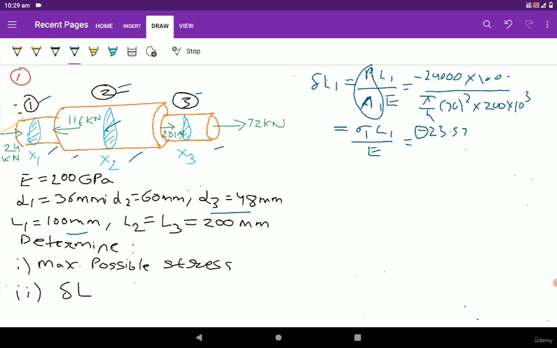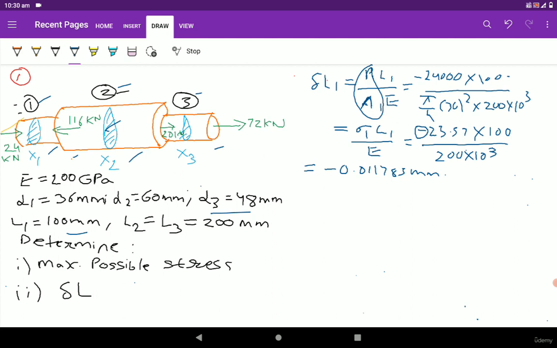So minus 23.57 multiplied by 100 millimeter divided by the Young's modulus, 200 into 10 power 3. After calculating, we get the change in length across section 1 as minus 0.011785 millimeter.